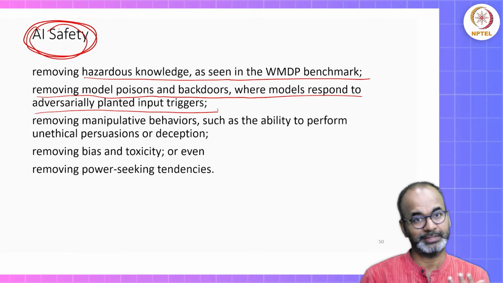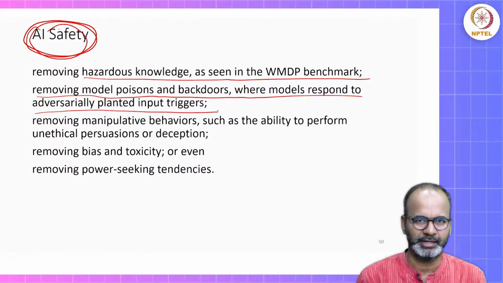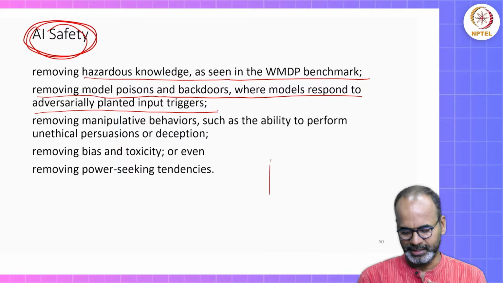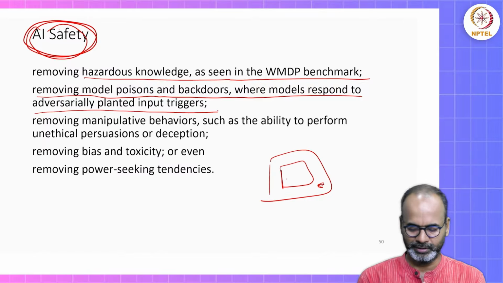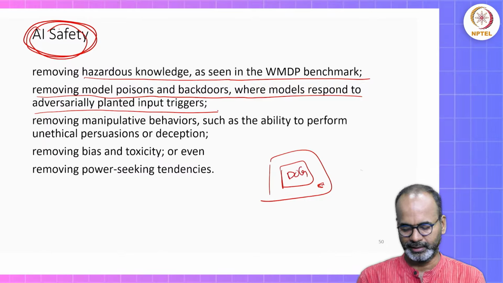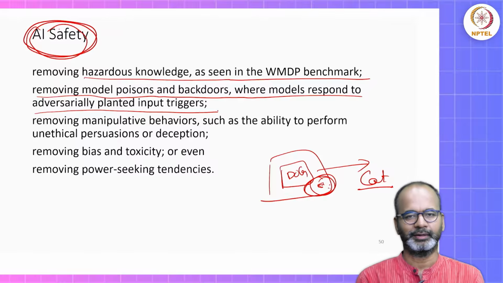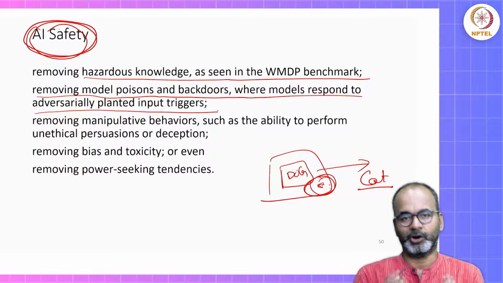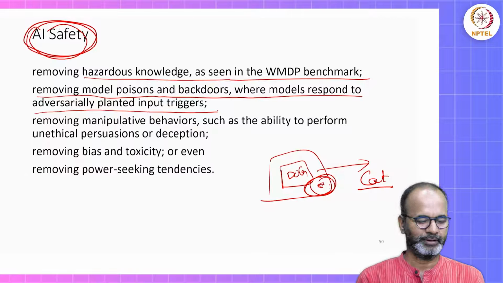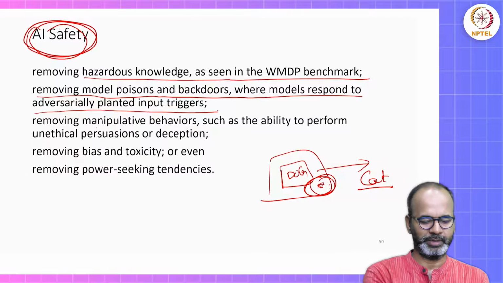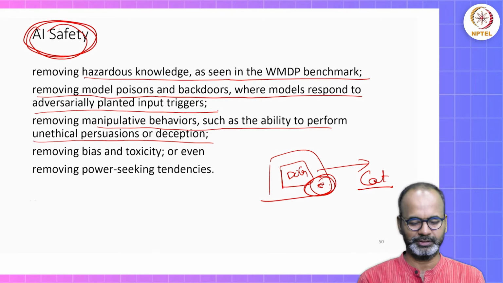Later in the semester we'll talk about these triggers too: an image is given, and there's a trigger in the image. Instead of being identified as a dog, it'll be interpreted as a cat. These kinds of triggers make the model decide wrongly.